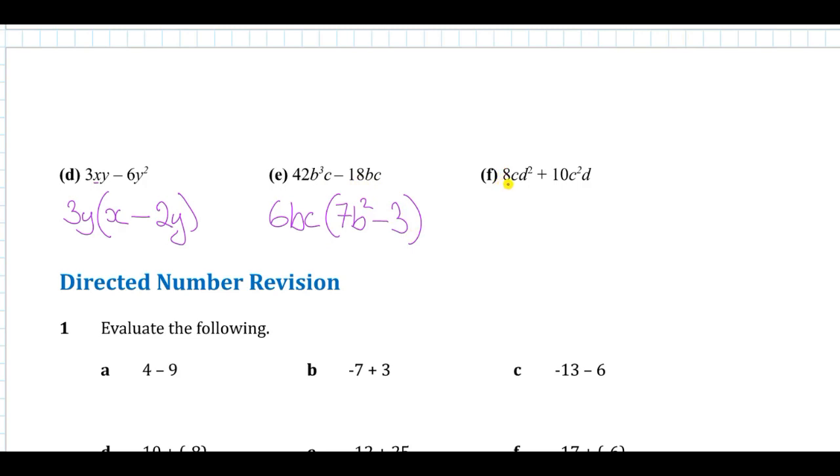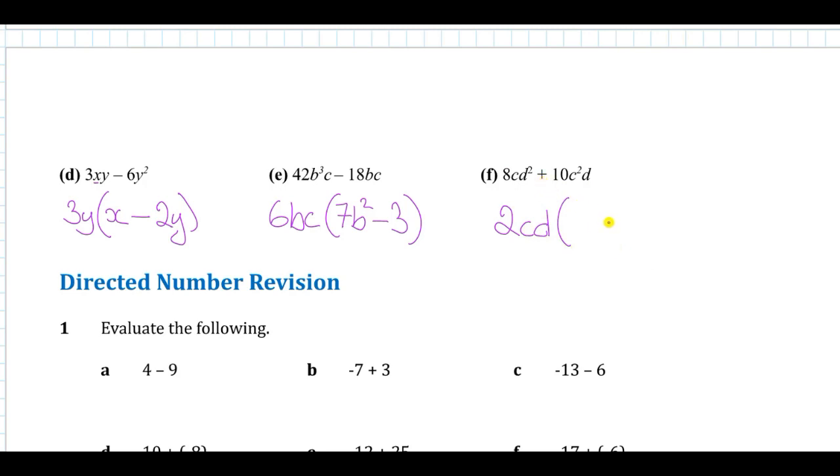The highest common factor of 8 and 10 for part F is 2. There is C and D in both, but there's only C and D squared and C squared and D, so I don't have any squareds I can take out. But there is a C and a D in both. Open my bracket.